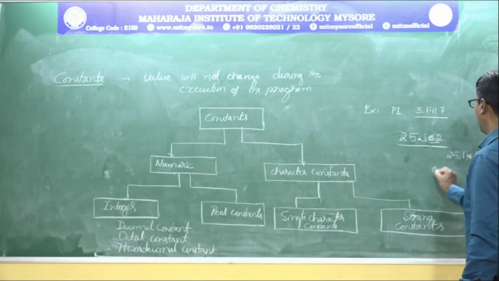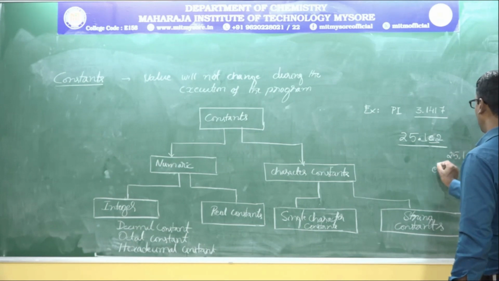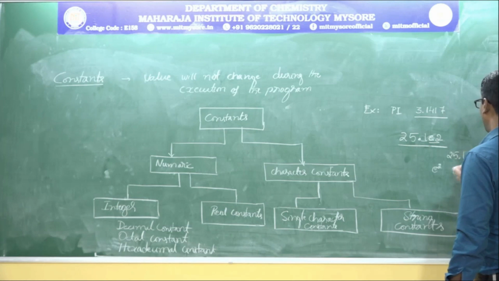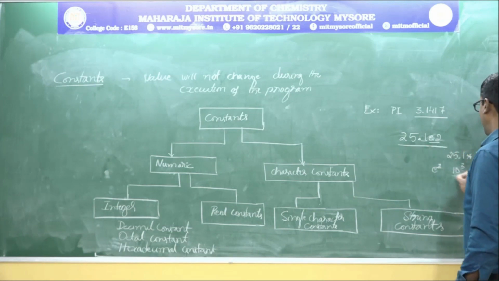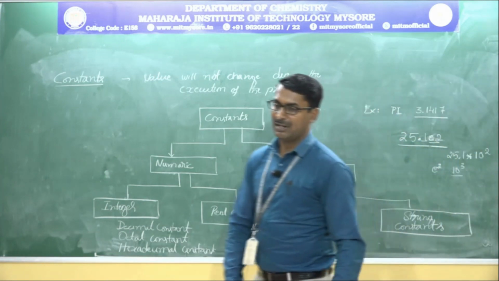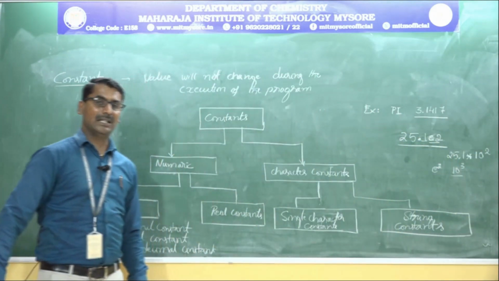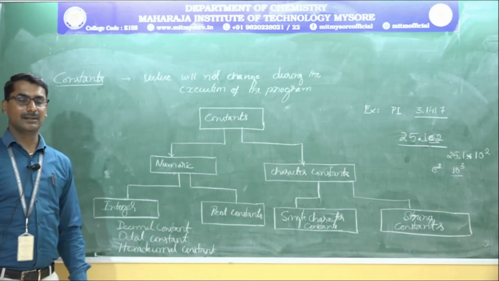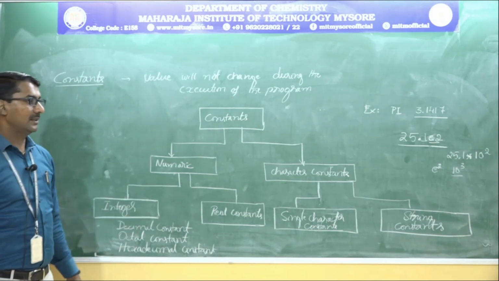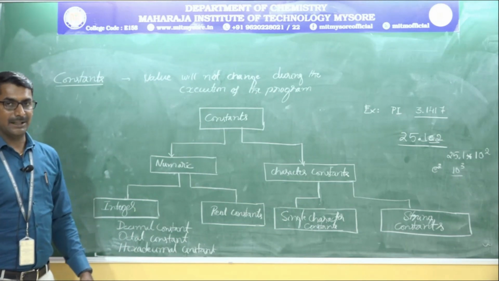If you write E3, it is 10 to the power of 3, so the number is multiplied with 10 to the power of 3. This exponential representation we use when the number range is large.